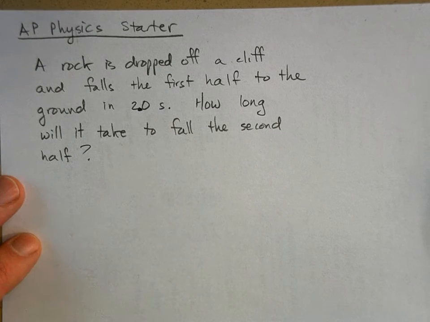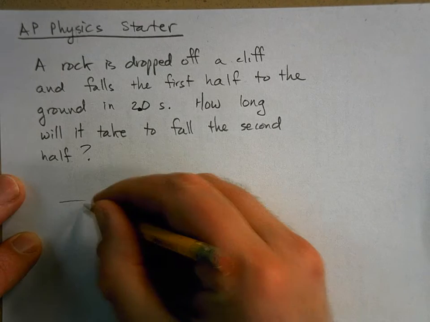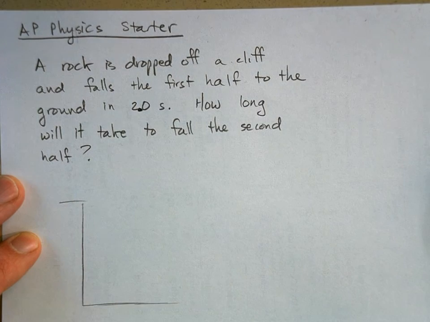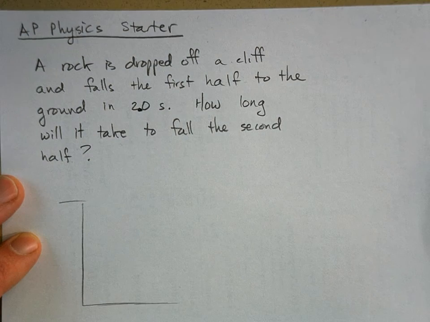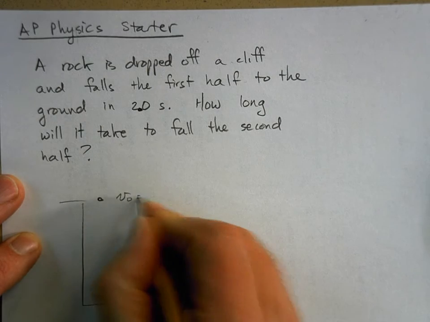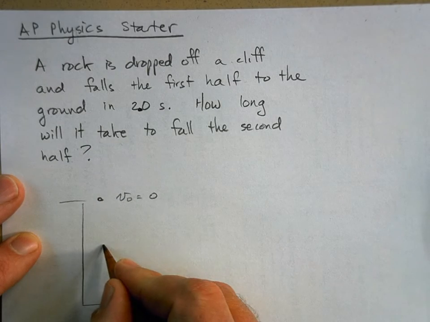And so I sketched it out. I always draw a sketch. I know you guys hate sketches, but it helps me visualize it. So here's my rock, and this is V naught equals 0 right there, and then it's halfway.